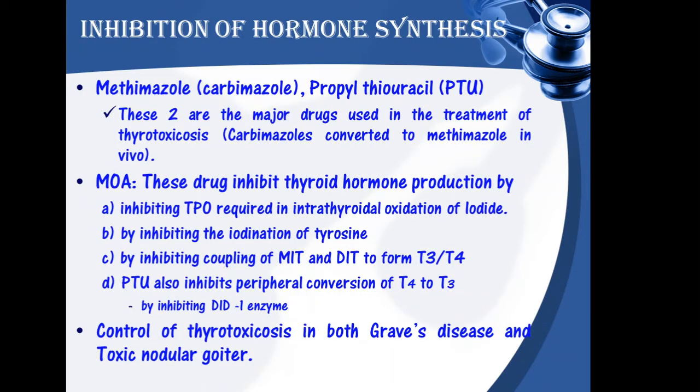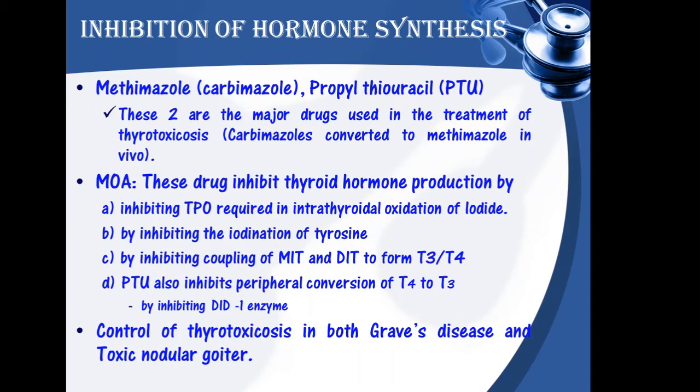Inhibition of hormone synthesis. So methimazole and propylthiouracil, these two are the major drugs that are used, particularly for the treatment of thyrotoxicosis. The mechanism of action is where the drug inhibits thyroid hormone production by inhibiting thyroperoxidase required for intrathyroidal oxidation of iodine, and inhibits the iodination of tyrosine by inhibiting coupling of monoiodotyrosine and diiodotyrosine to form T3 and T4.